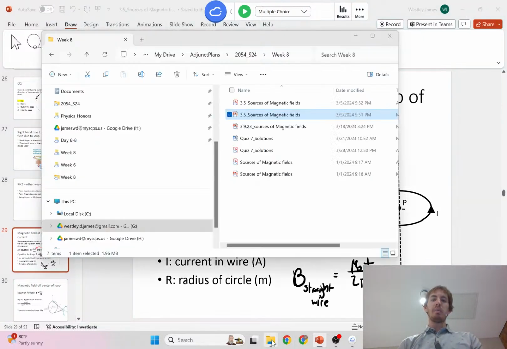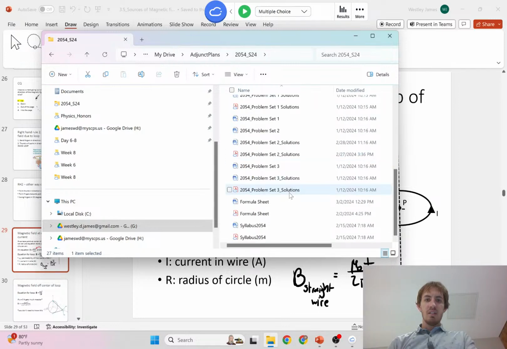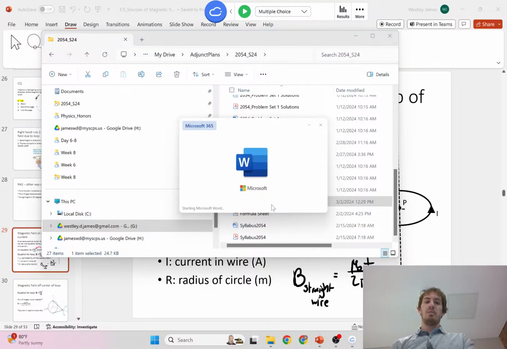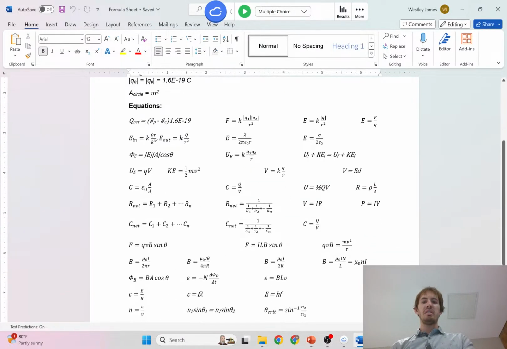Because if we go to our formula sheet, in the formula sheet, I give you both of these equations. But I don't label which one's which. So if you all look down here, and we zoom in because it's really small.